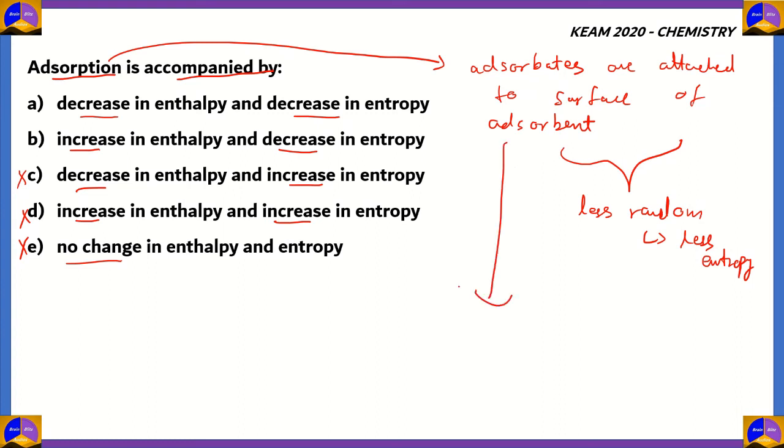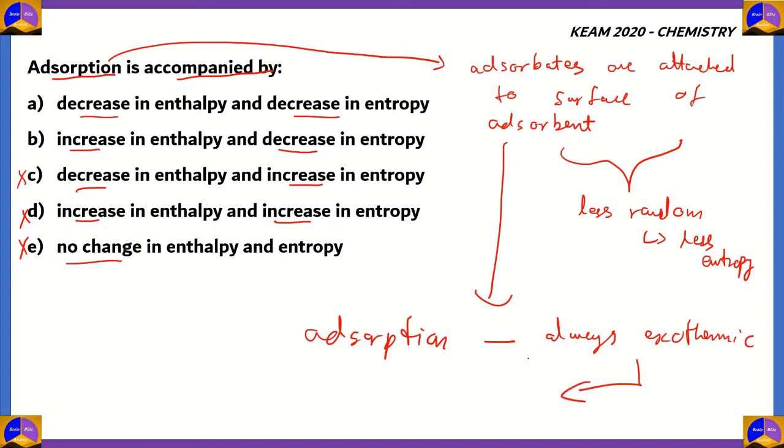This means that adsorption is always exothermic. And whenever a process is exothermic, delta H, or the change in enthalpy, is negative. And when the change in enthalpy is negative, then enthalpy decreases.